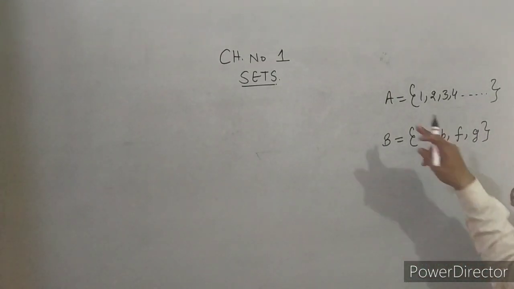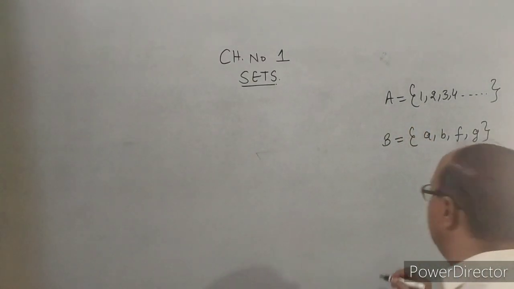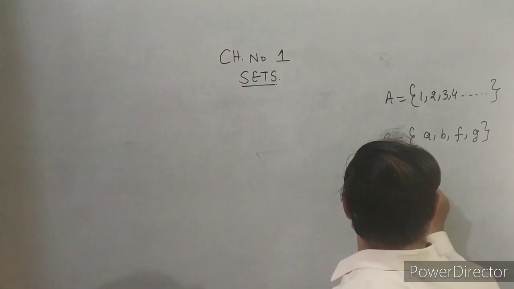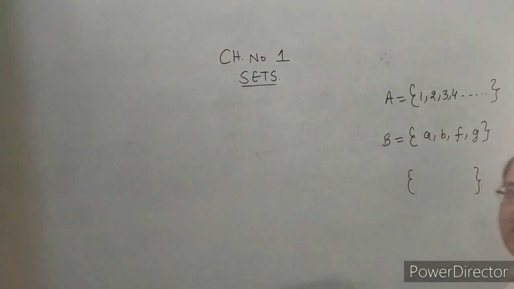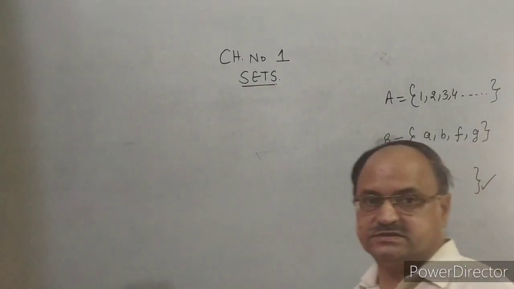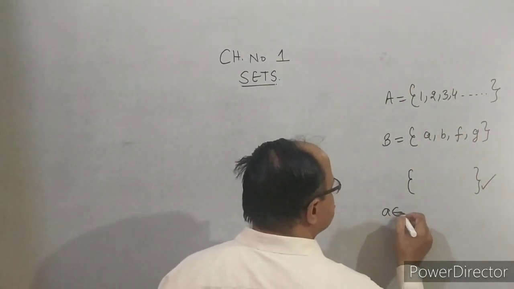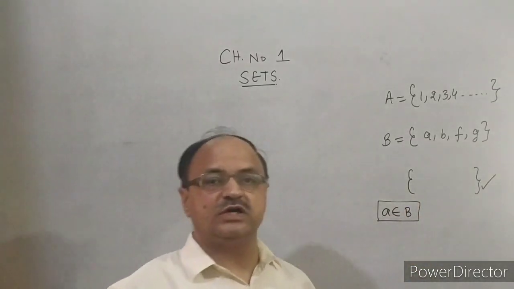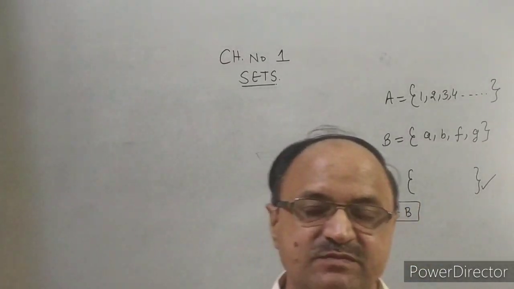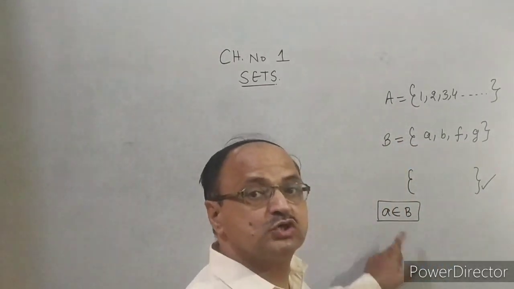And sets are generally denoted by capital letters. Clear this point? And in a set, all the elements are written in curly brackets. And the element, for example, this element a belongs to capital B. Suppose you want to represent the elements of the set, then you use this symbol, belongs to.